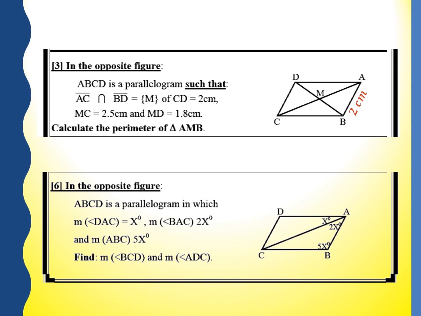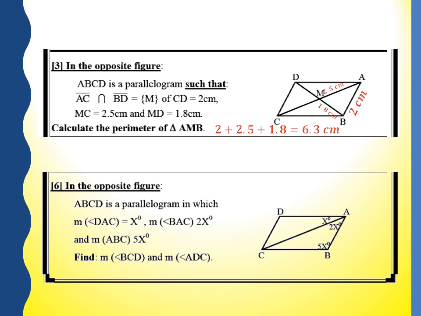Then MA equals MC equals 2.5 cm, and MB equals MD equals 1.8 cm. Then we can easily calculate the perimeter of triangle AMB by adding its sides to find 6.3 centimeters.